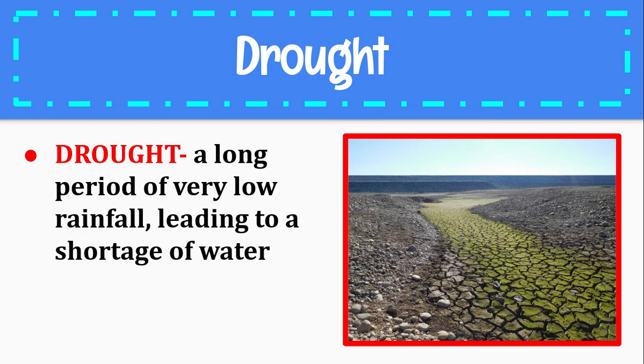Some examples that you did not see here are going to be earthquakes. Earthquakes are not considered severe weather because they do not happen in the atmosphere. Now, they can cause injury, they can harm people, they can cause property damage, but they don't happen in the atmosphere. That's actually something happening inside the earth. It's the tectonic plate movement that's going to cause the earthquake.